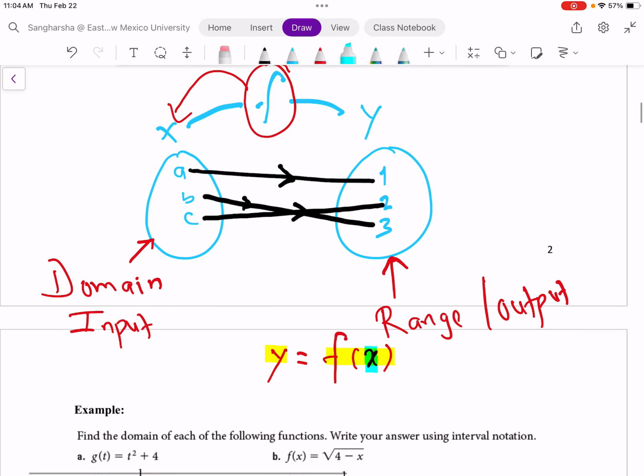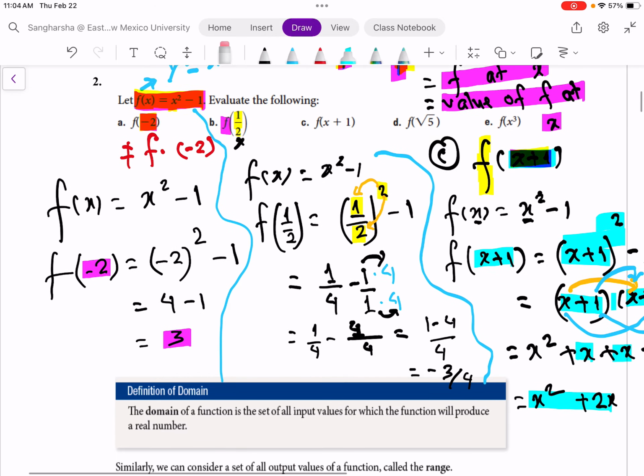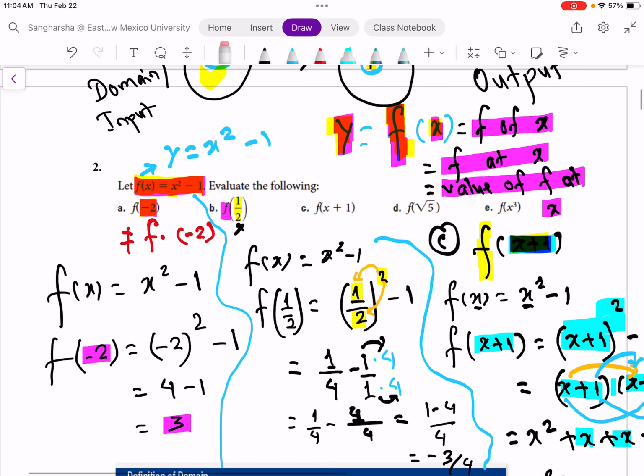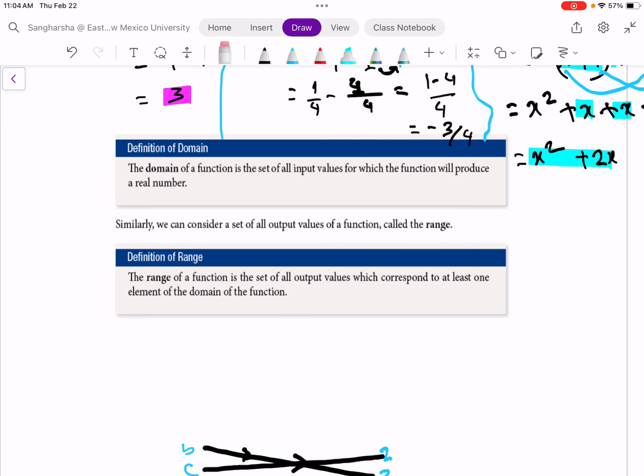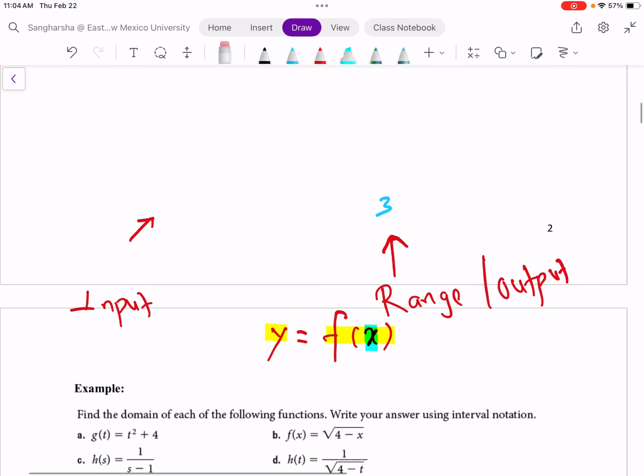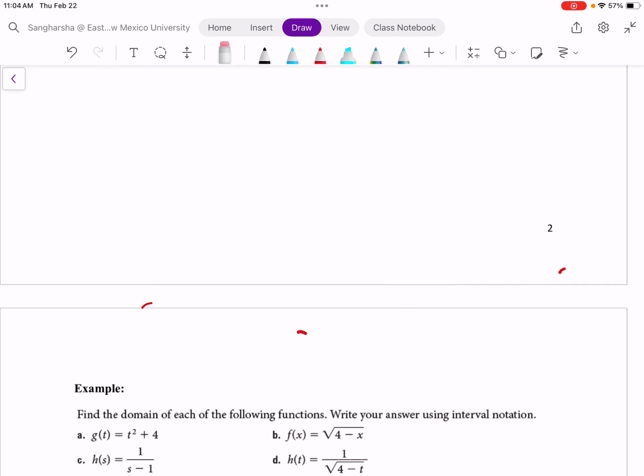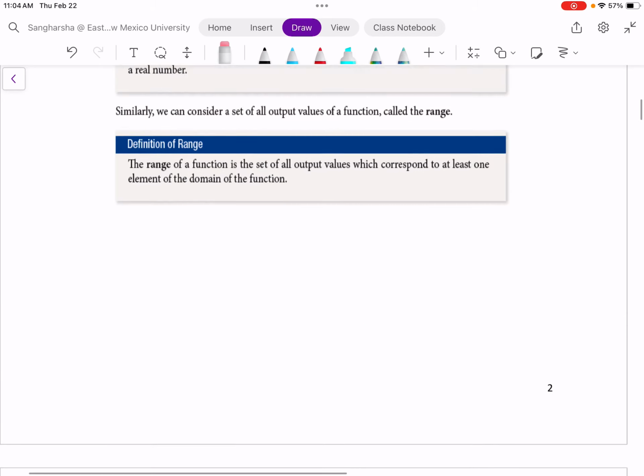Now let's continue. We still have two more examples from number 2. So let's do those two examples, then we'll start the new topic here. In example number 2, let me solve here. We have a function.